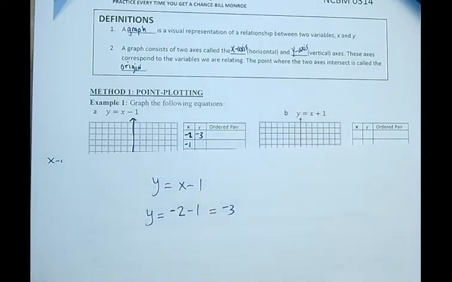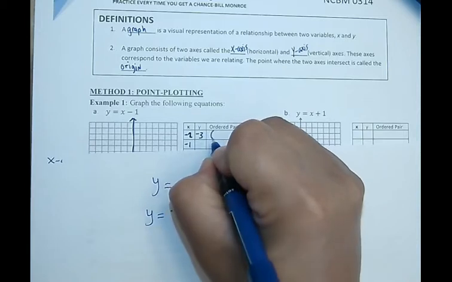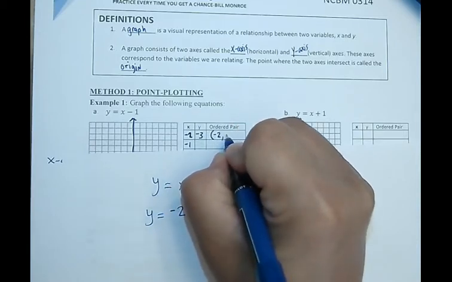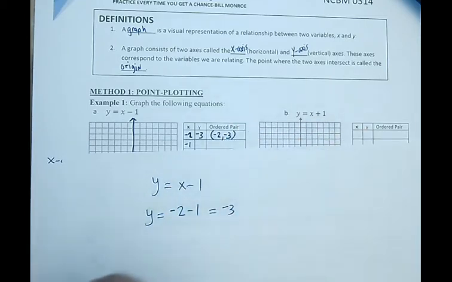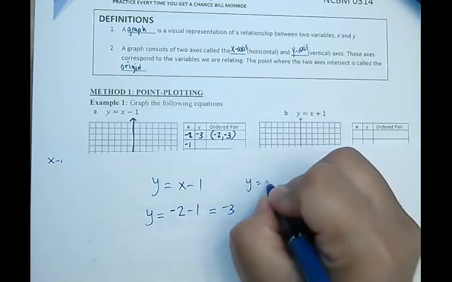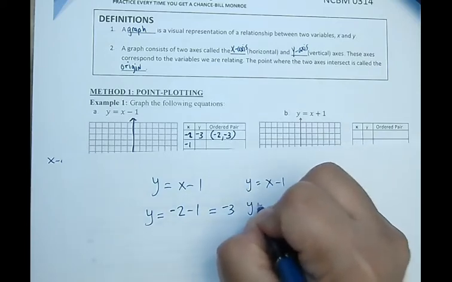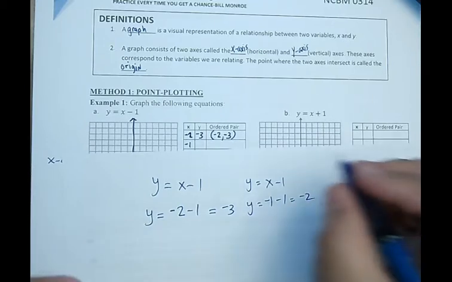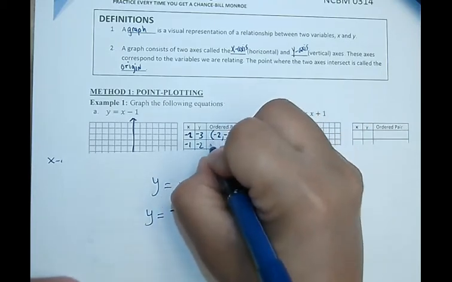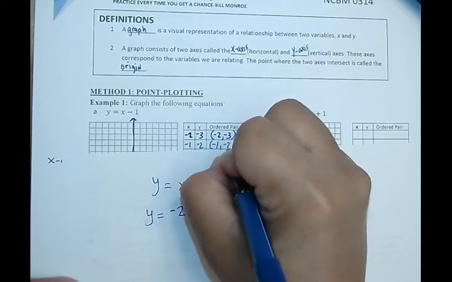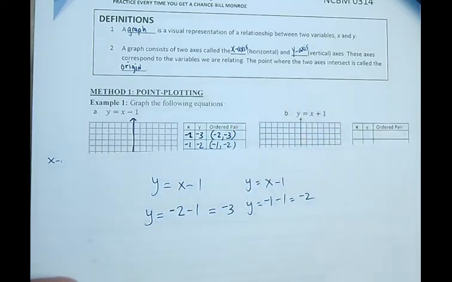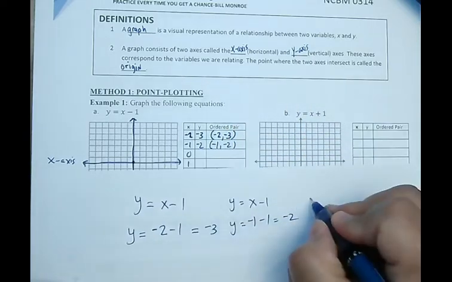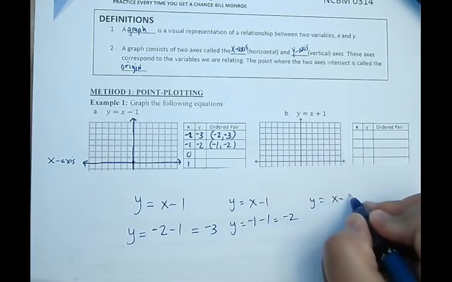So now that we have an x and a y, we create an ordered pair. So we list the x first, followed by the y. So now we're going to substitute a -1 for x. So that's going to give me a -2. So my ordered pair is -1, -2. And we do the same for the rest of the values.